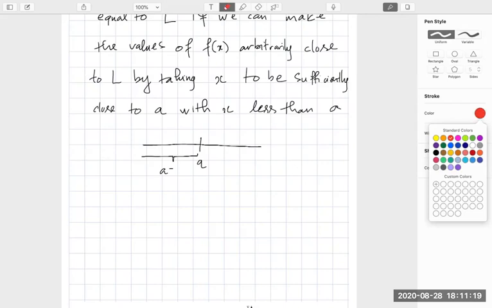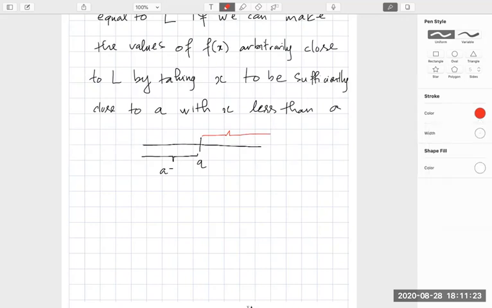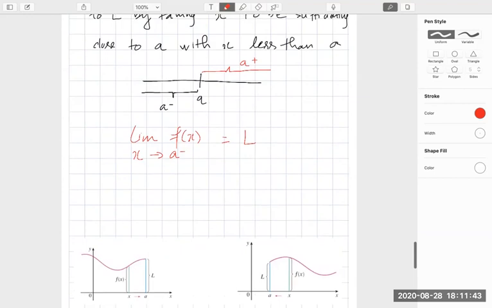And for any numbers going from the right side of a, we call it positive, right? So we write it, limit of f of x when x goes close to a from the left side is L, okay?